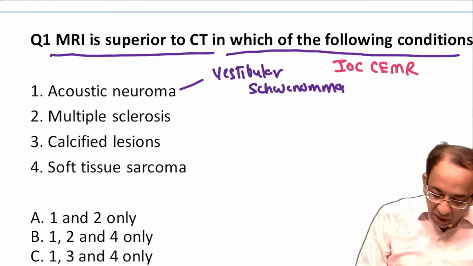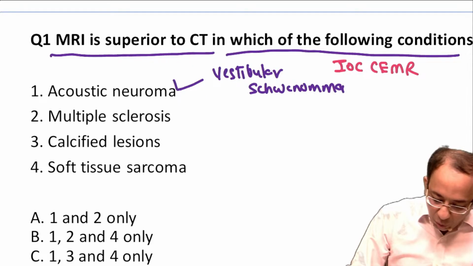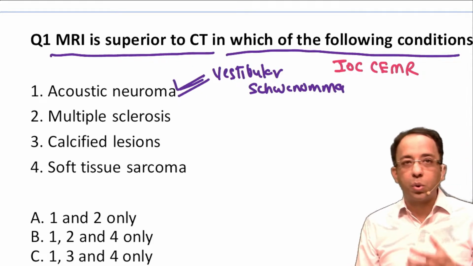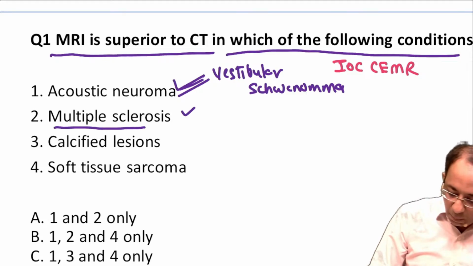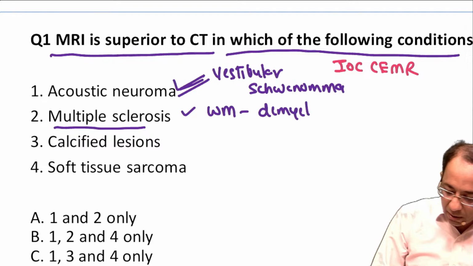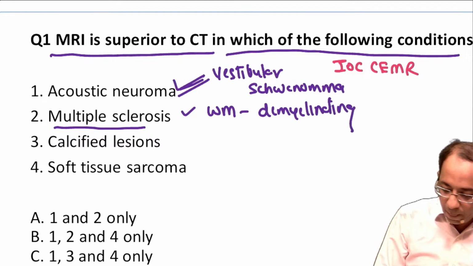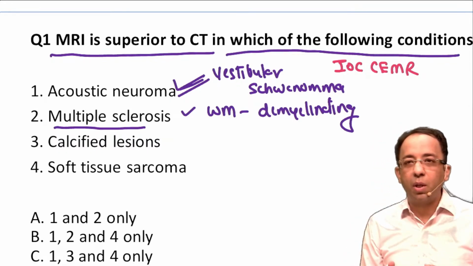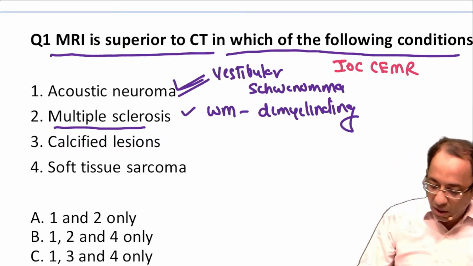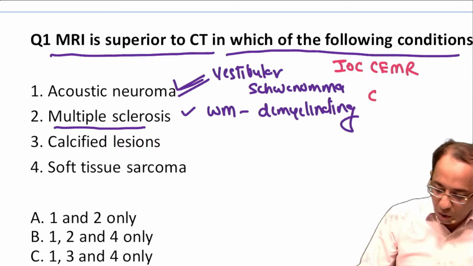So definitely MRI is superior to CT to see an acoustic neuroma. What is multiple sclerosis? Multiple sclerosis is a white matter demyelinating illness. To see white matter disease, to see acute demyelination, again the investigation that we need to do will be a contrast MRI.